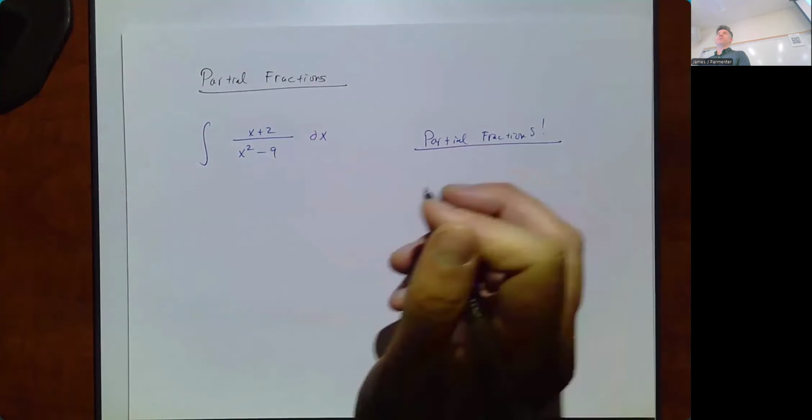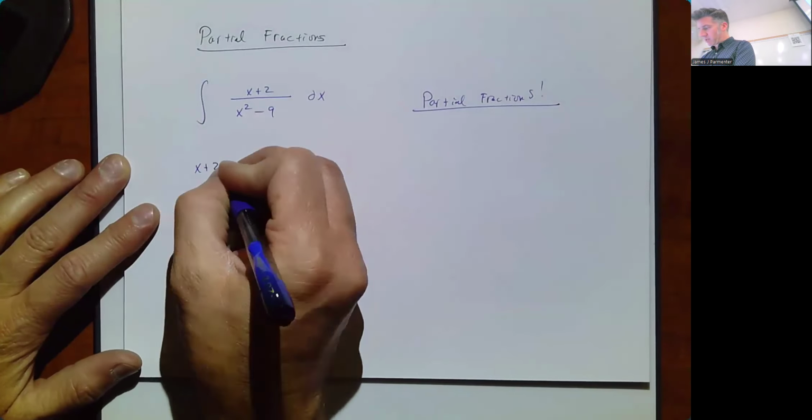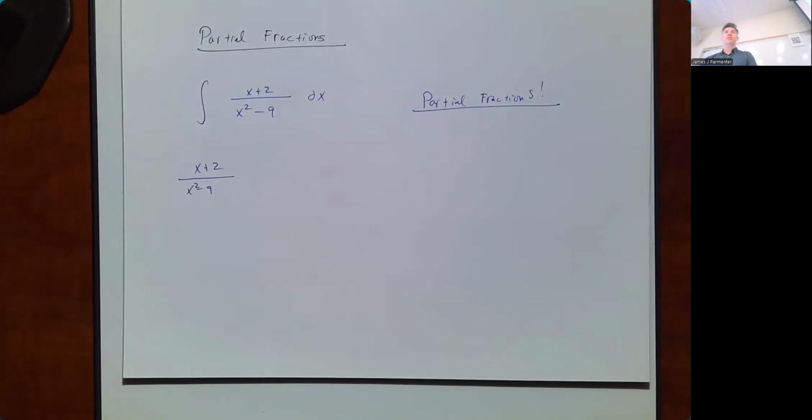So partial fractions is a process of taking the integrand, x plus 2 over x squared minus 9. And to use partial fractions, 3 things have to be true. You have to have a rational function, meaning a polynomial divided by another polynomial. No square roots, no trig, exponential, other kinds of things, just positive integer powers of x over positive integer powers of x. The degree on top has to be strictly less than the degree on the bottom.